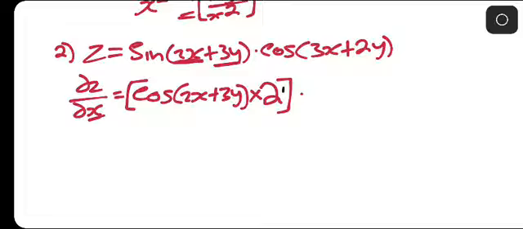Okay, let us apply the product rule. Why? Because both of these things consist of x.